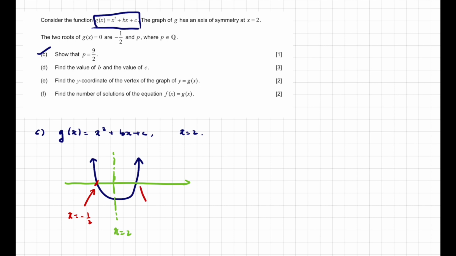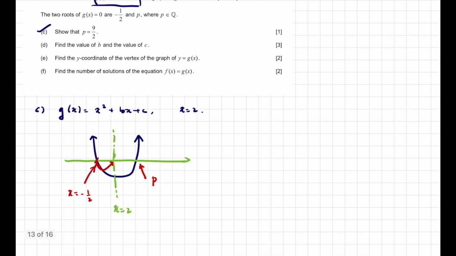Then the other point where the x-axis goes through is our p point, okay? That means the distance from the point where x equals negative 1 over 2 to x equals 2 is 2 minus negative 1 over 2, so it's going to be equal to 2 and 1 over 2, or 5 over 2, right?